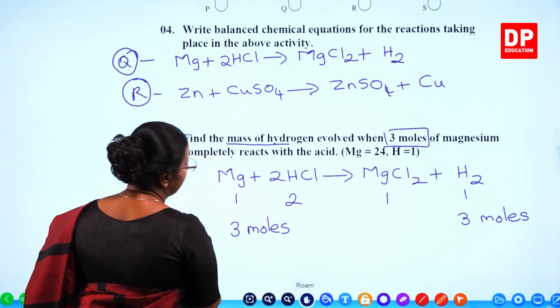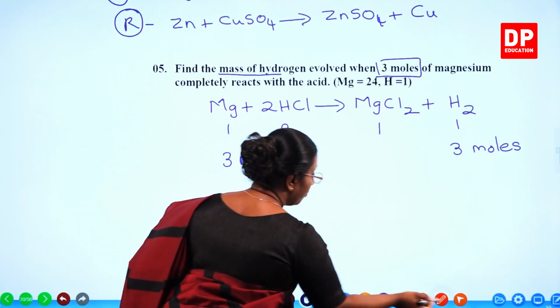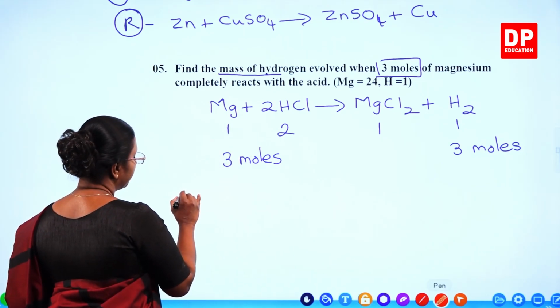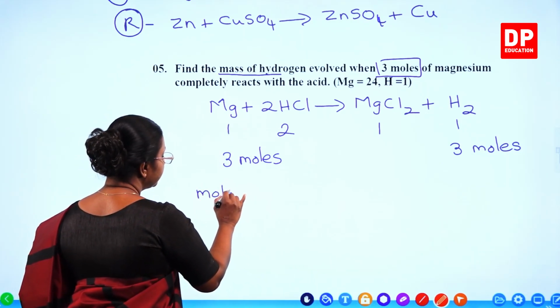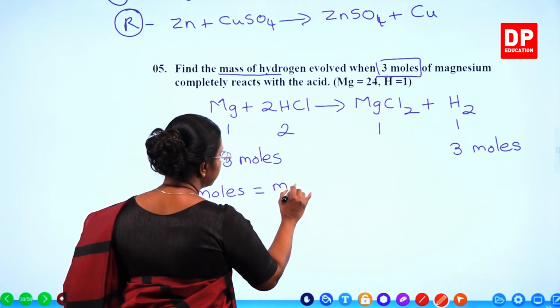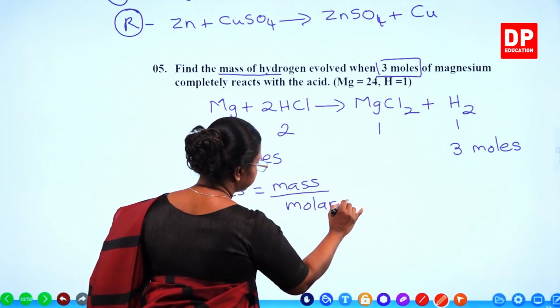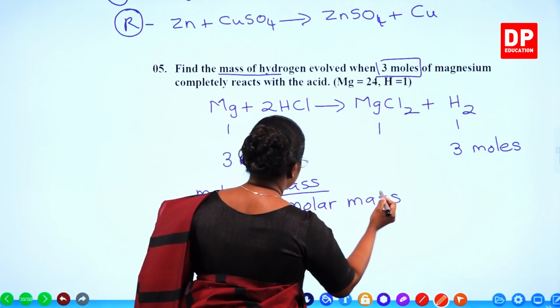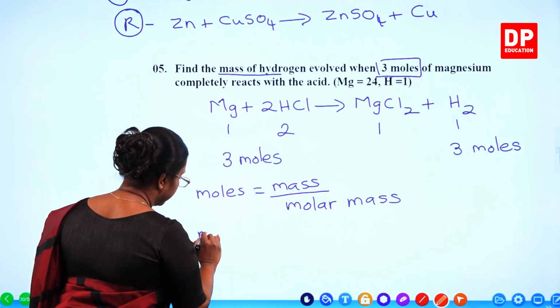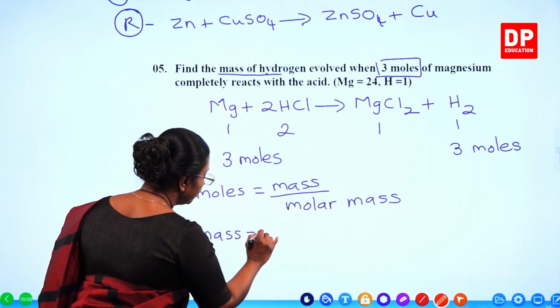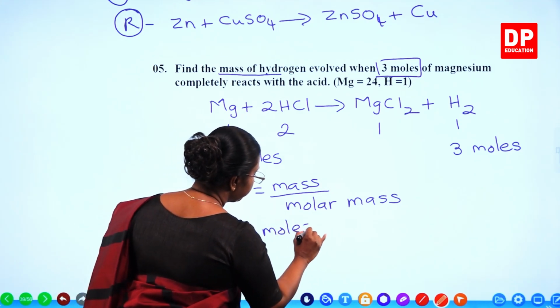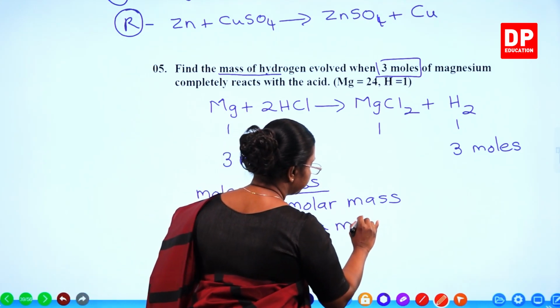So, to find the mass, what do we do? You know the equation, moles equals mass over molar mass. So, if you rearrange, mass is equal to moles into molar mass.